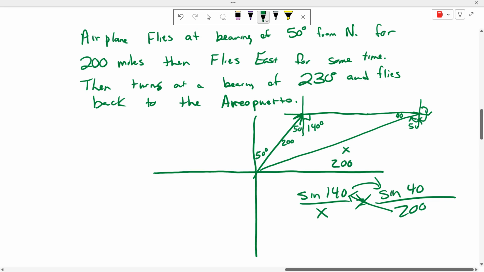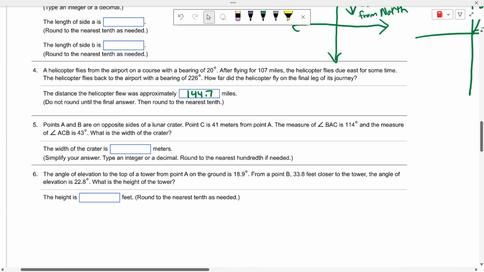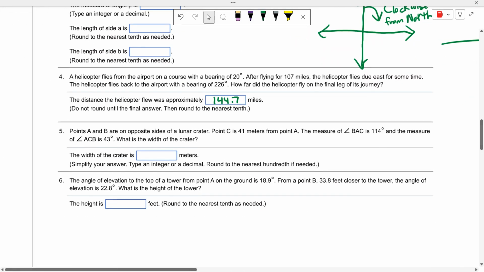I made an isosceles triangle. No, I didn't. I made a triangle that is not a triangle, because if this is 140 and that's 40, this is 0 degrees. I made a problem that is impossible, but oh well. But you guys get the setup, okay?